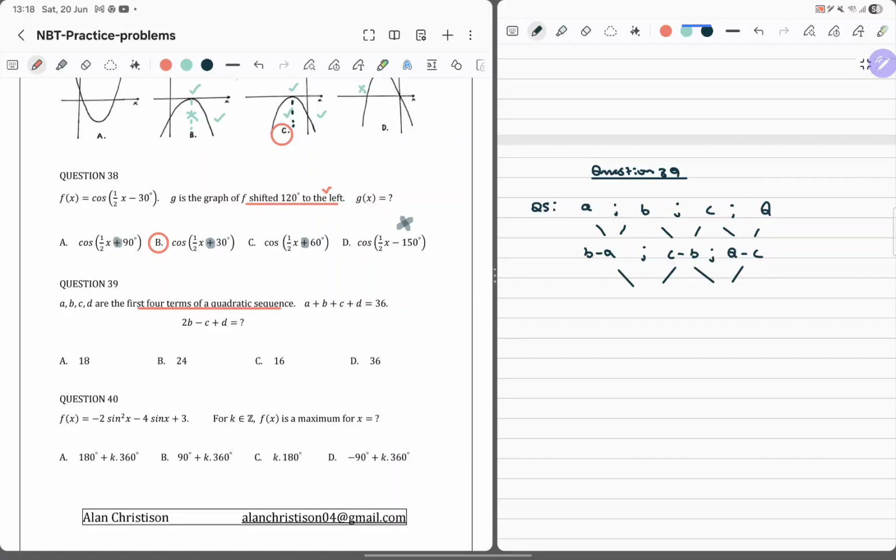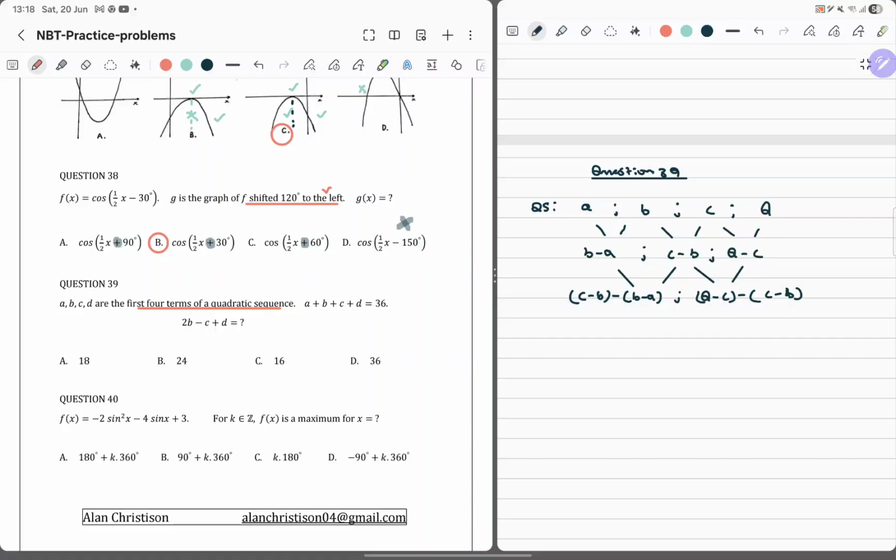So C minus B minus (B minus A) must be the same as D minus C minus (C minus B). So that's what we've got.